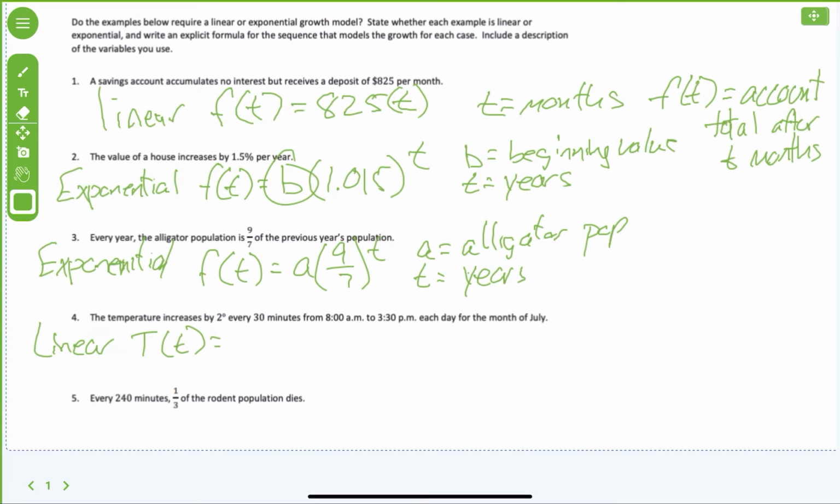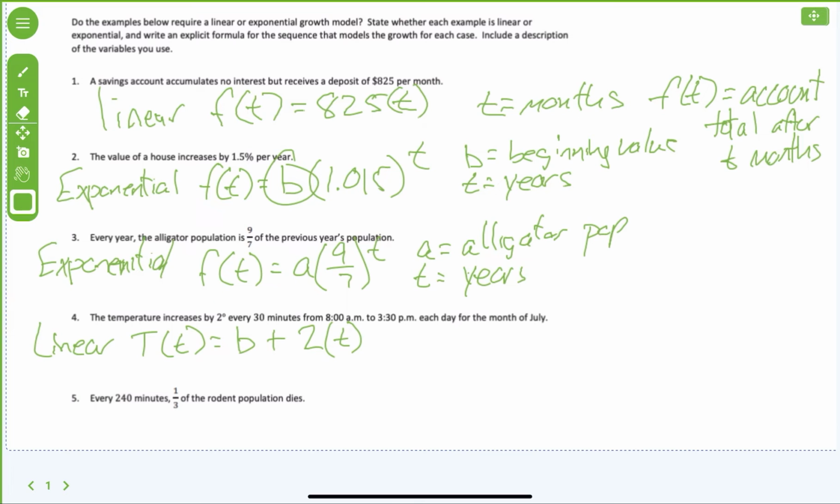Okay. Let's do this. We're going to start with B, right? That's the beginning temperature. And then we're going to add 2 times T, and T is half hours.